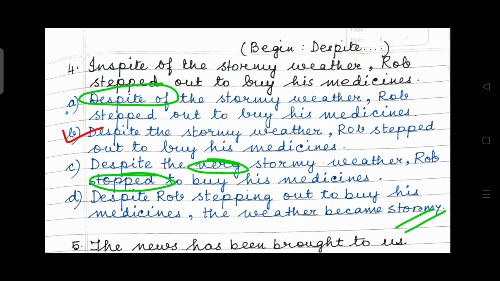So, there are multiple errors in option C. Despite Rob stepping out to buy his medicines, the weather became stormy. Now this is a very strange sentence. Hence, incorrect. The right answer, option B. Despite the stormy weather, Rob stepped out to buy his medicines.